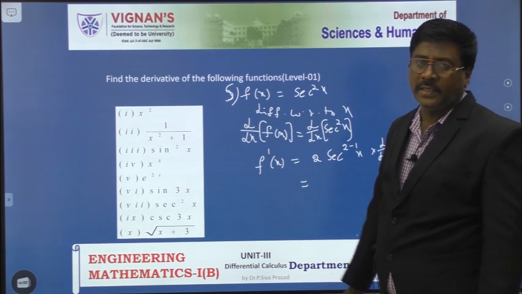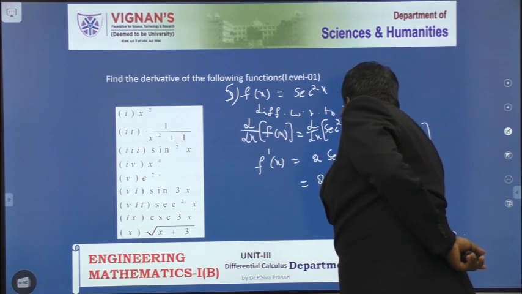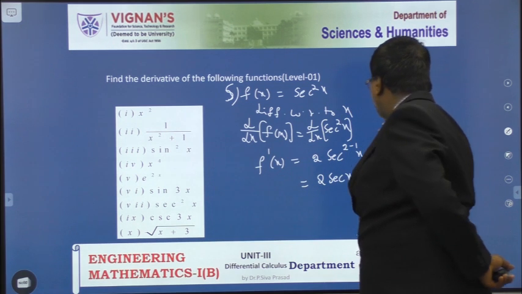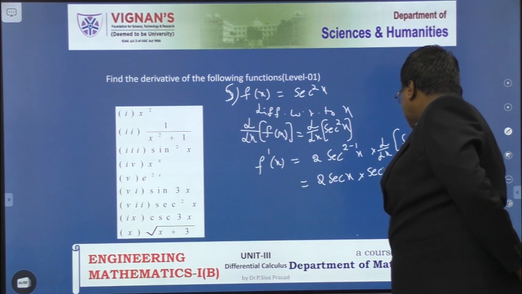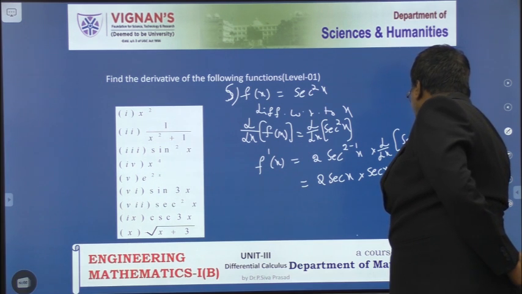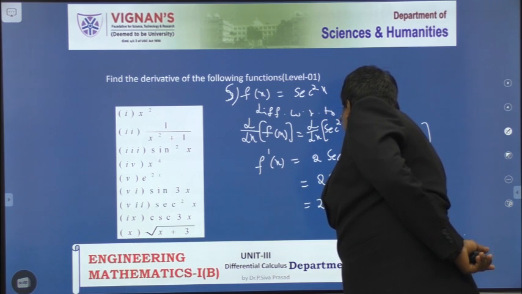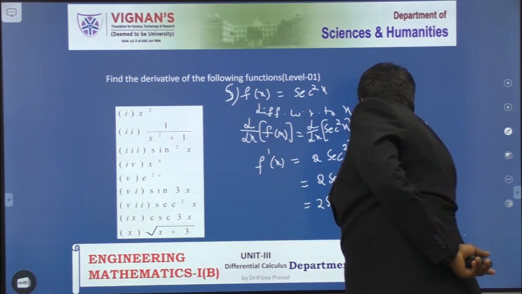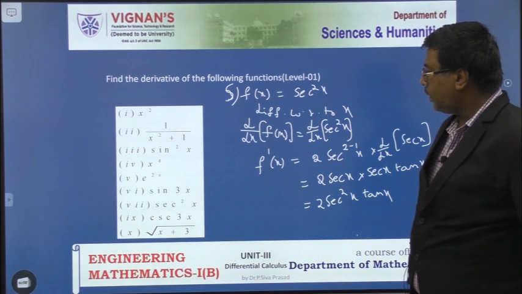Now this is 2 into secant x into d by dx of secant x, which is secant x into tan x. That is equal to 2 into secant square x into tan x.